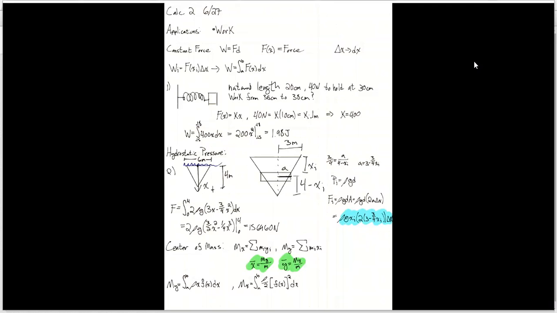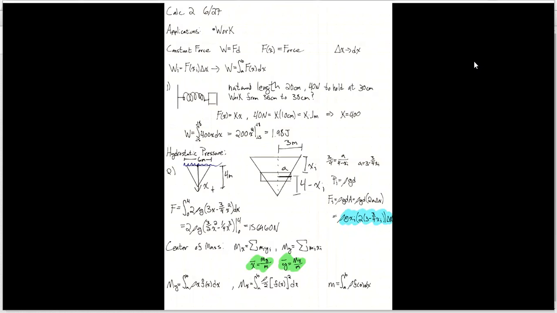It's x bar equals My over M, and then y bar is equal to Mx over M. Now, we have to write what M is in this case: the integral from a to b of rho f of x dx. Right?